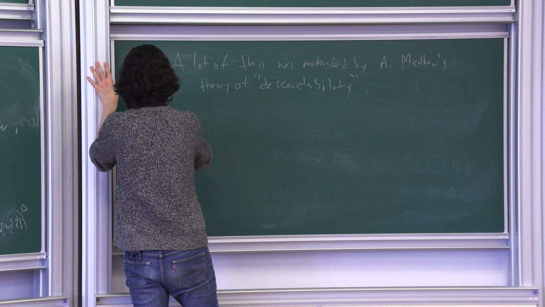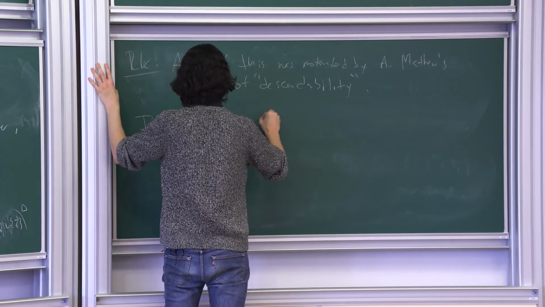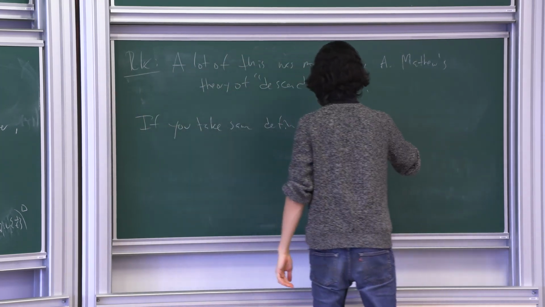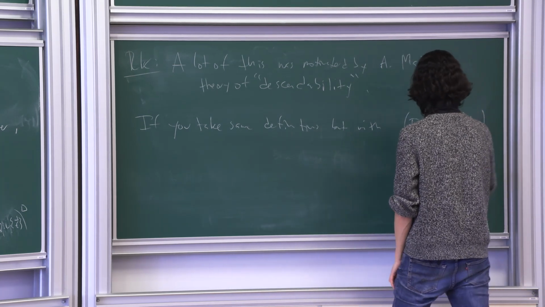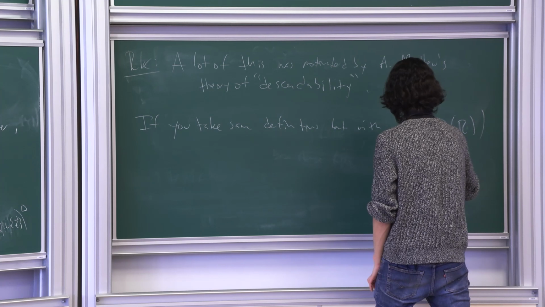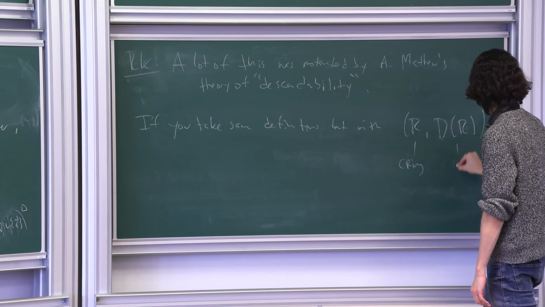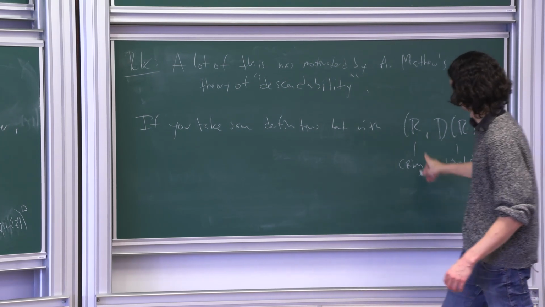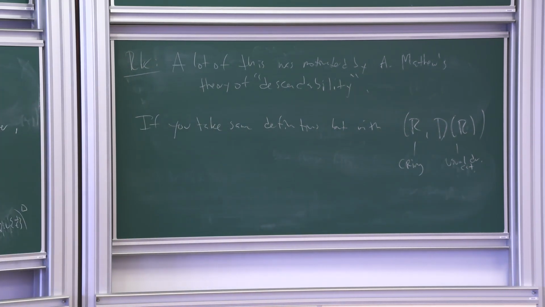So if you take the same definitions, but with the pair (R, D(R)), so R is a usual commutative ring, or maybe derived, and this is the usual derived category. Instead of analytic rings, we're just looking at commutative rings.